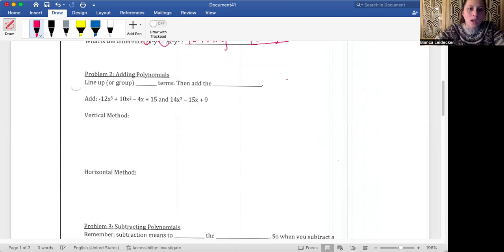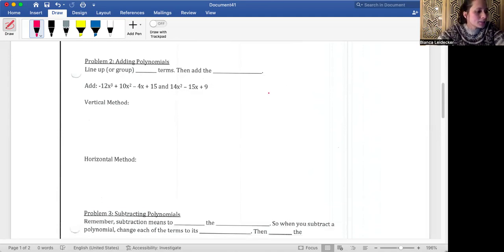Okay, so we can line up or group like terms, then add the coefficients. So when we have polynomials where there's multiple things going on, we can actually find the monomials that are alike and add those together.